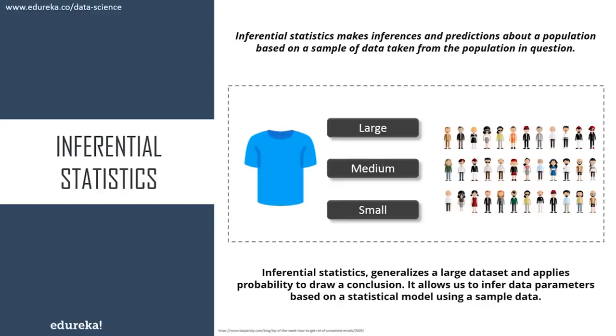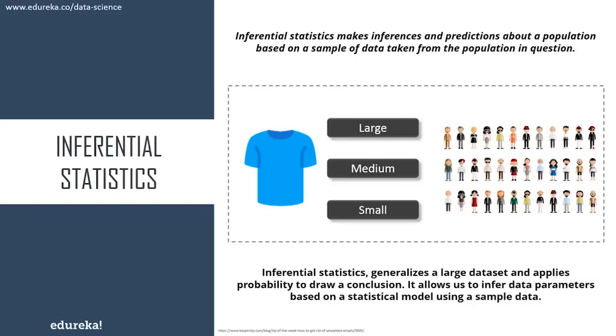So if we consider the same example of finding the average shirt size of students in a class, in inferential statistics, you will take a sample set of the class, which is basically a few people from the entire class. All right. You already have grouped the class into large, medium, and small. In this method, you basically build a statistical model and expand it for the entire population in the class. So guys, that was a brief understanding of descriptive and inferential statistics.